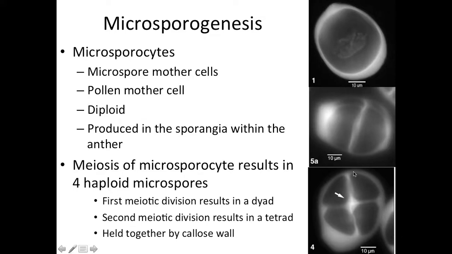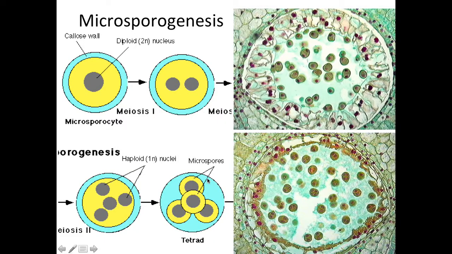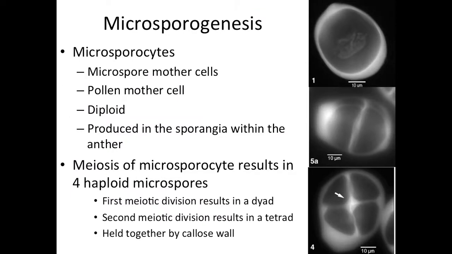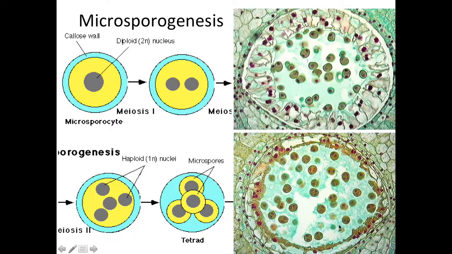At this point, where the cells are in a tetrad, they are still being held together by a callose cell wall. In order for microsporogenesis to be complete, this callose cell wall will be dissolved and each of the individual microspores will be released.